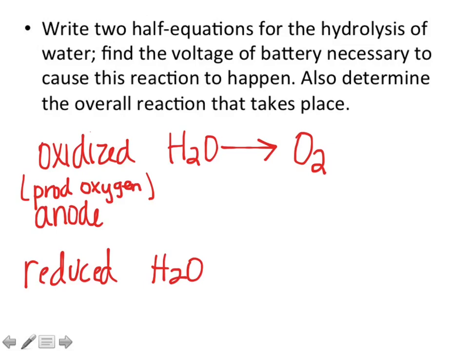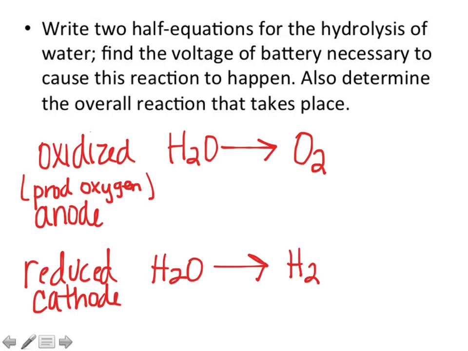When water is reduced, instead of producing oxygen, we're going to produce hydrogen. And in these, we still have the cathode is where we get reduced. So in this situation, we have to go back and balance it.